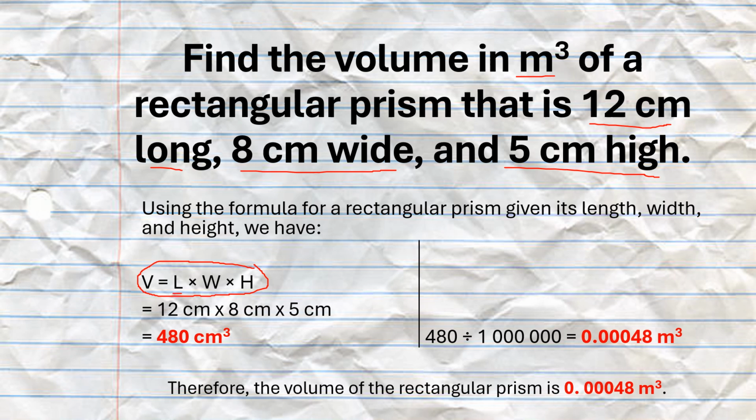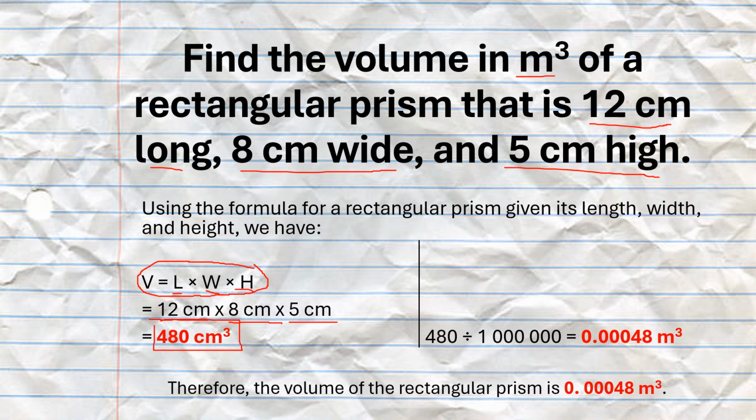So L, or the length, is 12 centimeters, width is 8 centimeters, while the height is 5 centimeters. So multiply 12 times 8 times 5. The volume in cubic centimeters is 480 cubic centimeters.